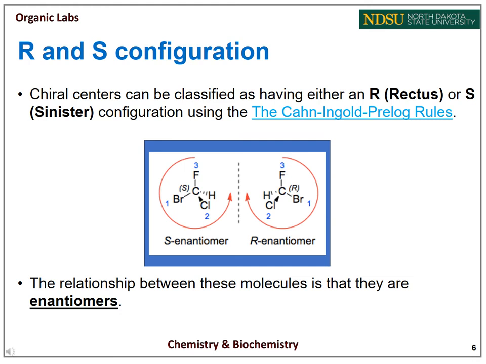When the hydrogen or lowest priority group is pointed backwards, if the orientation of the priority groups goes clockwise or circles to the right, then we classify it as having an R configuration. If it goes anti-clockwise or circles to the left, we can classify it as having an S configuration. The relationship between these would be enantiomers, just like the relationship between the 2 thalidomide molecules.